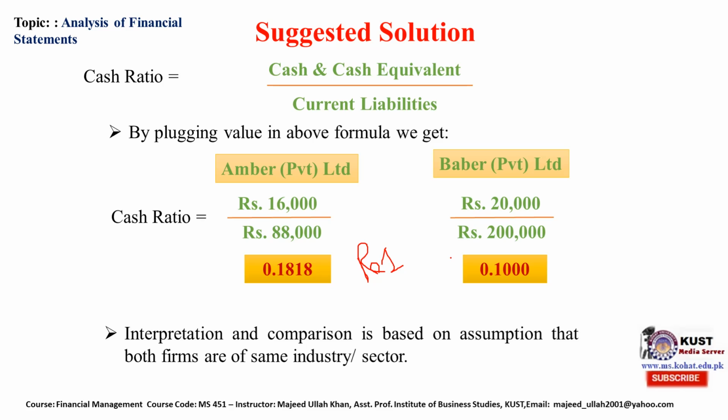When we calculate these asset liquidity ratios, we will compare them with the company's earlier accounting periods. It will provide us a trend of how much better we are in maintaining our current assets or our liquidity. We will compare these with competitors, and with the industry averages as well. This is all about today's lecture.